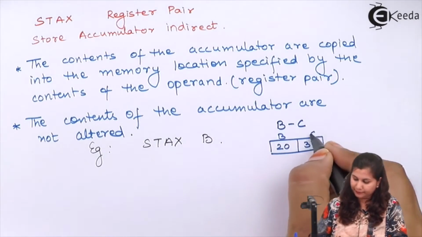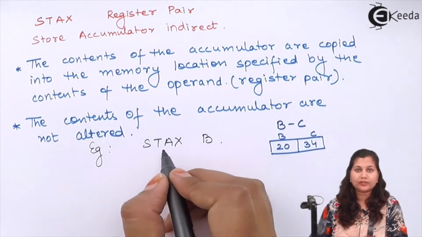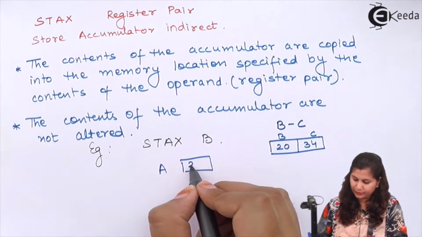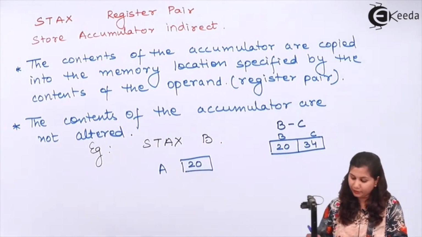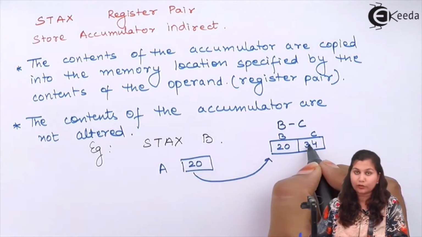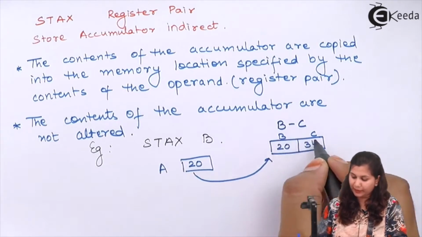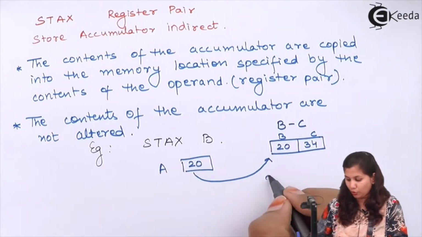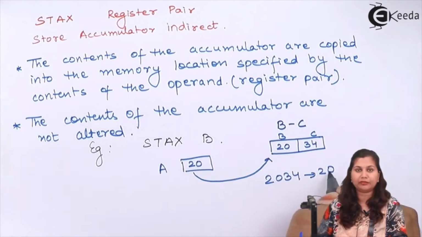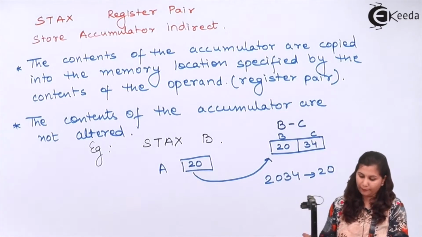So the contents of the accumulator, suppose they are 20, will be stored at the memory location specified by this register pair. So on 2034 memory location, this number 20 will be stored or copied.